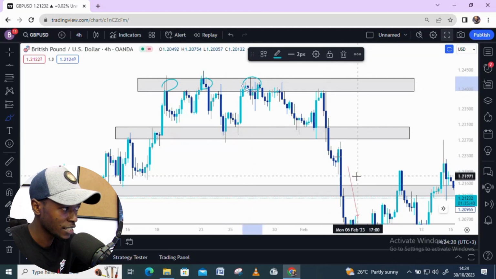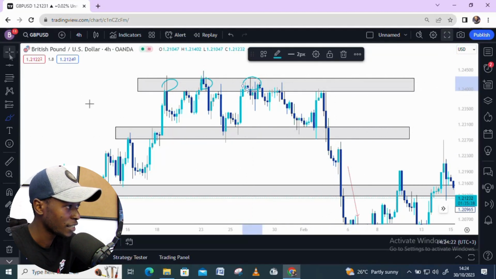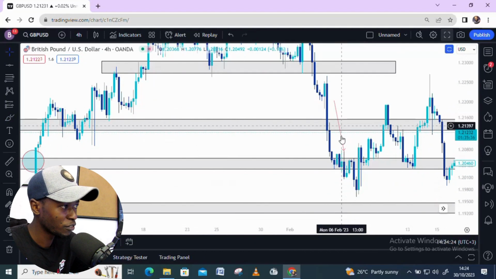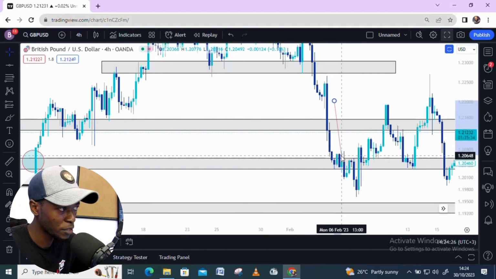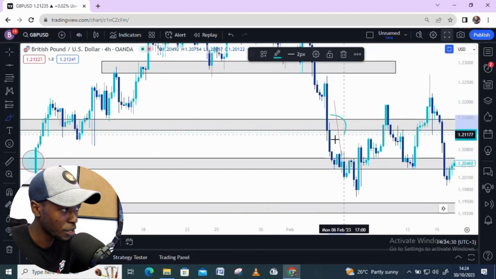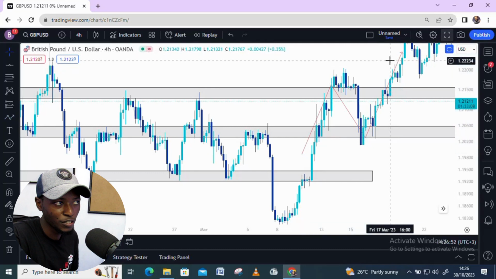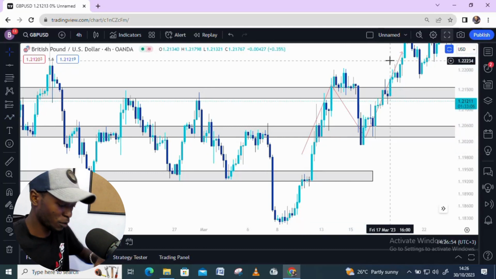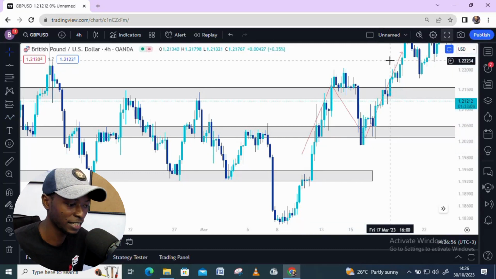This is a breakout of the zone. Why? Because the market comes and breaks through with momentum. By now you understand the three ways that the market reacts to these zones.